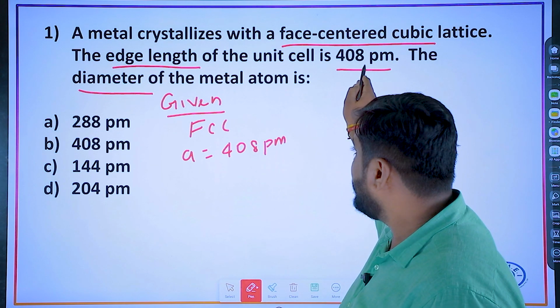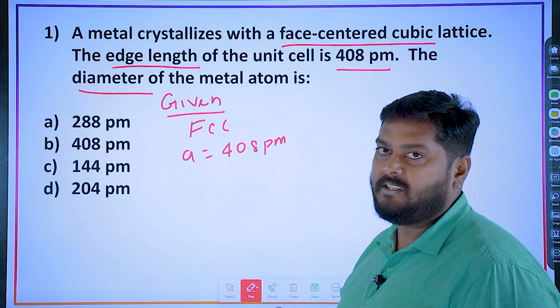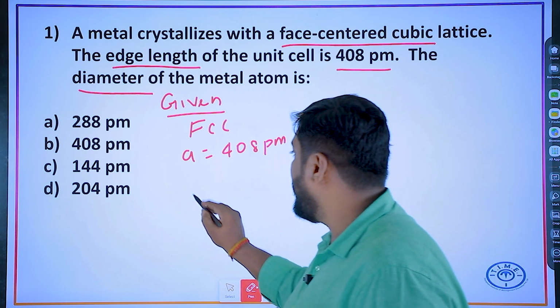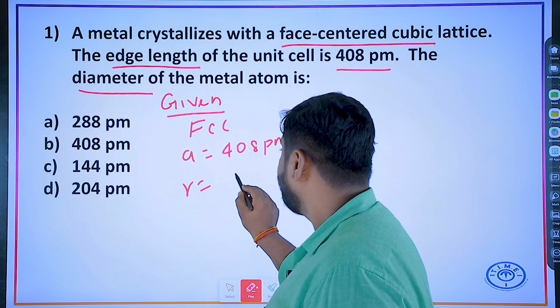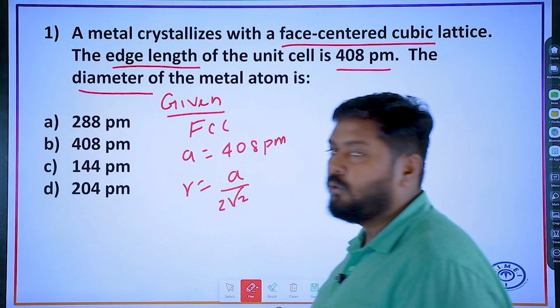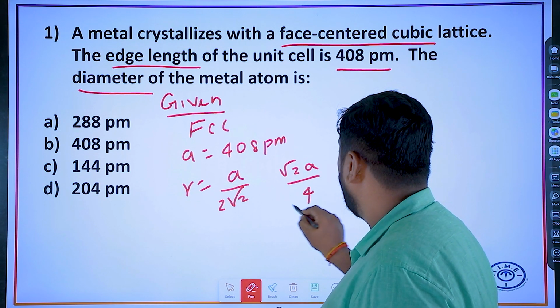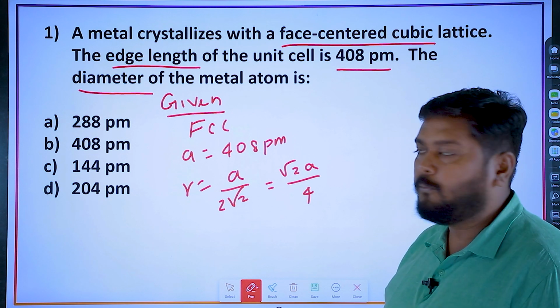Here picometer is given and the answer is also in picometer, so you need not do any change. You know the formula, r equal to a by 2 root 2, or else root 2 a by 4. You can use either formula.